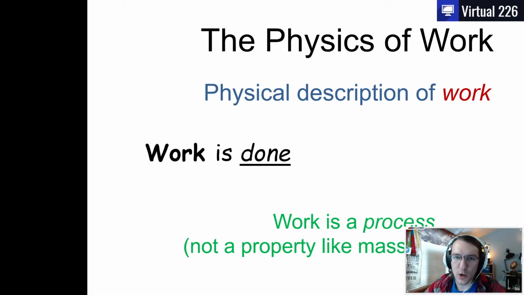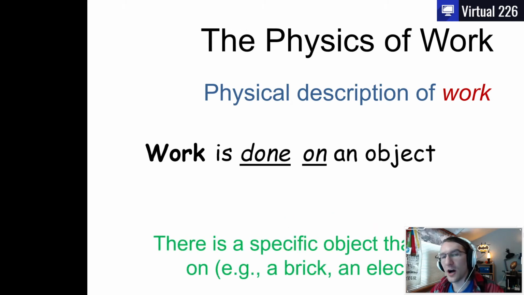You do work. Do work, son, right? So you do work. It is done. And it has to be done on something. So work is done on an object. You can't just say, I'm doing work. Well, what are you doing work on? Because that is the physics definition of doing work. So you can pick a brick, an electron, a truck, a beehive, whatever you choose, but you have to do work on an object.